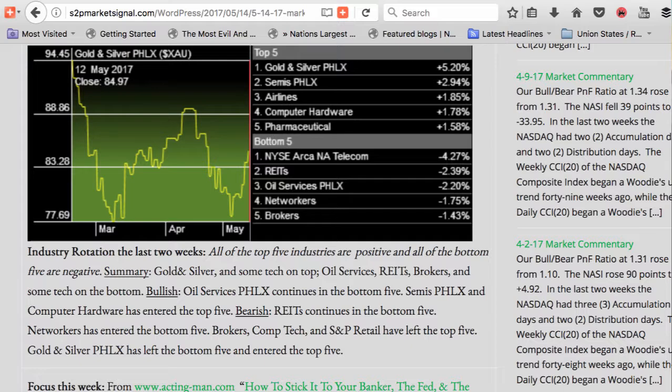Semis and computer hardware has entered the top 5. Bearish: REITs continues in the bottom 5. Networkers has entered the bottom 5. Brokers, CompTech, and S&P Retail have left the top 5. Gold and silver has left the bottom 5 and entered the top 5.